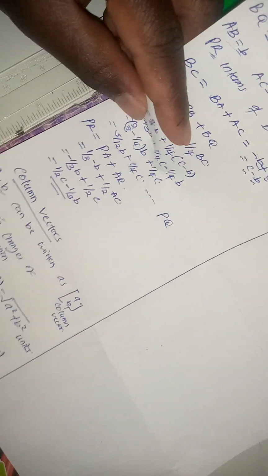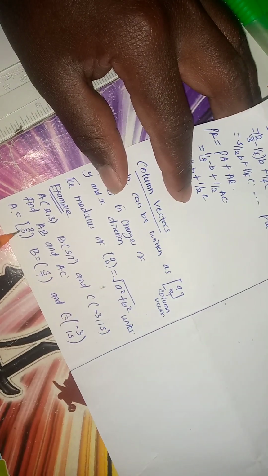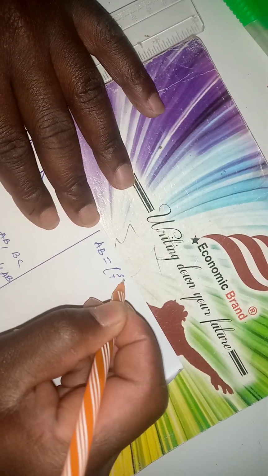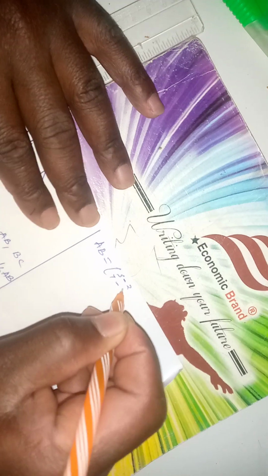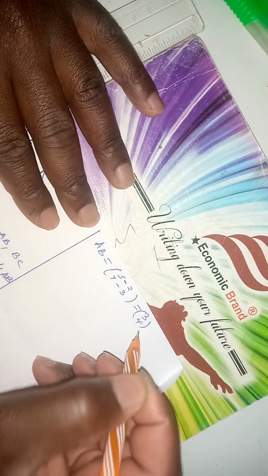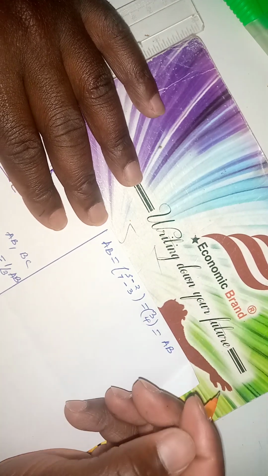In our case, A is (2, 3) and B is (5, 7). So this is (5, 7) minus (2, 3), which is (3, 4). This is our AB.